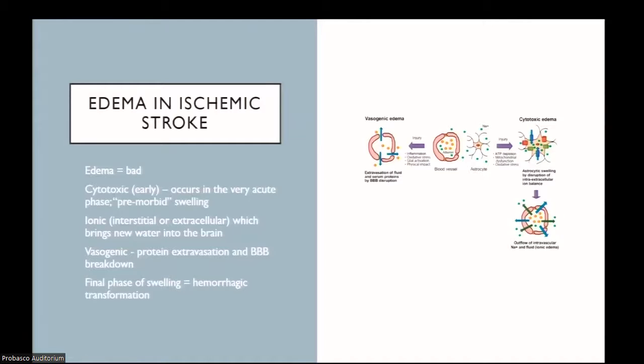And then vasogenic edema occurs once water and plasma proteins leak into the interstitial brain components, and oxidative stress occurs because of blood-brain barrier disruption. There's mitochondrial dysfunction, and then serum protein extravasation.